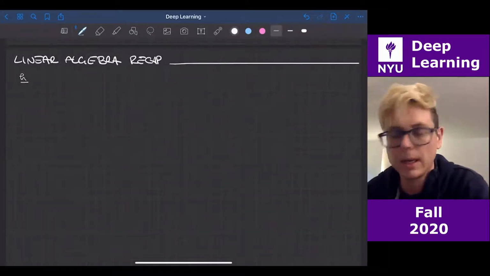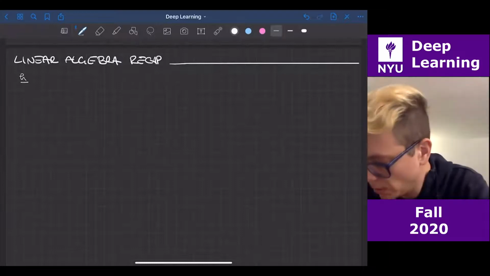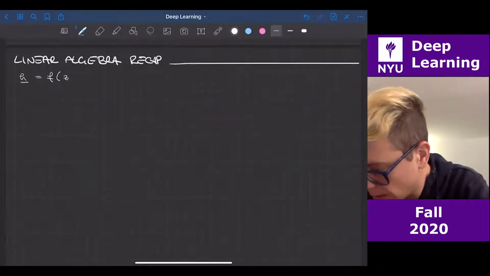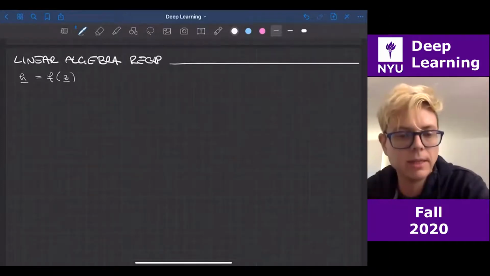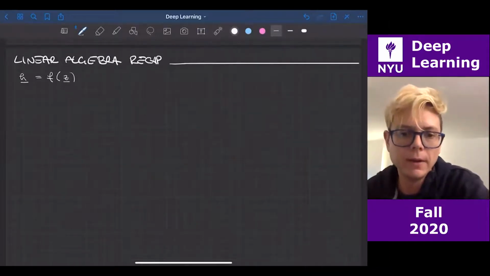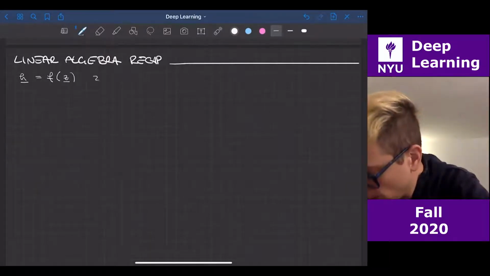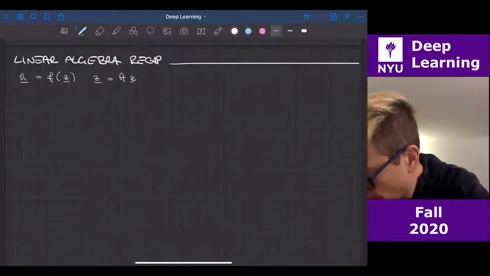So this is my h vector. It's going to be a nonlinear function f applied to my z. And what is z? z is my linear rotation of my input. So I can write here z equals some matrix A times my x.